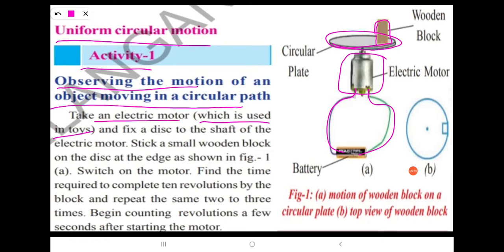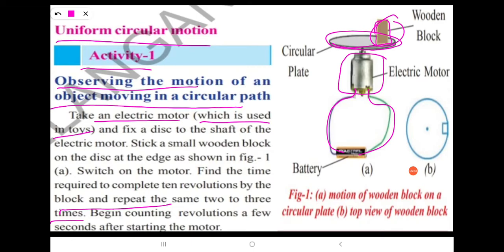After switching on the motor, we need to find the time required to complete 10 revolutions by the block, and repeat this 2 to 3 times.